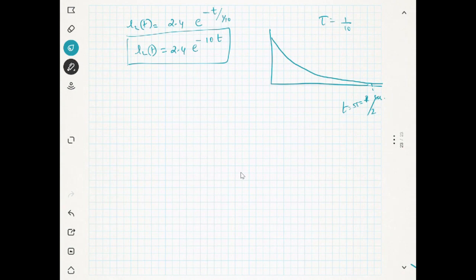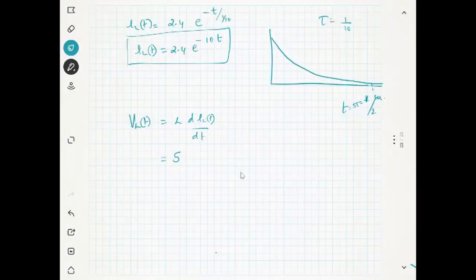So that is the problem. What will be the voltage across the inductor? The voltage across the inductor will be L into dIL by dt.